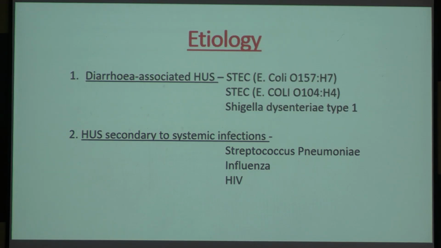Shigella dysenteriae type 1. So, diarrhea associated hemolytic uremic syndrome causative organisms are E. coli and Shigella dysenteriae. Then hemolytic uremic syndrome due to other infections like Streptococcus pneumoniae or pneumococcus, influenza and HIV.